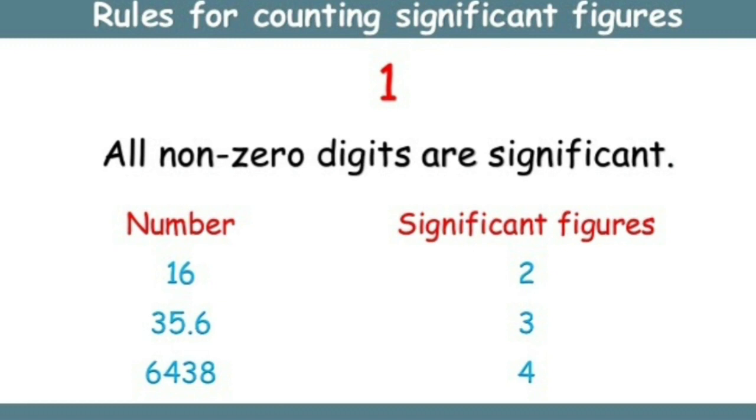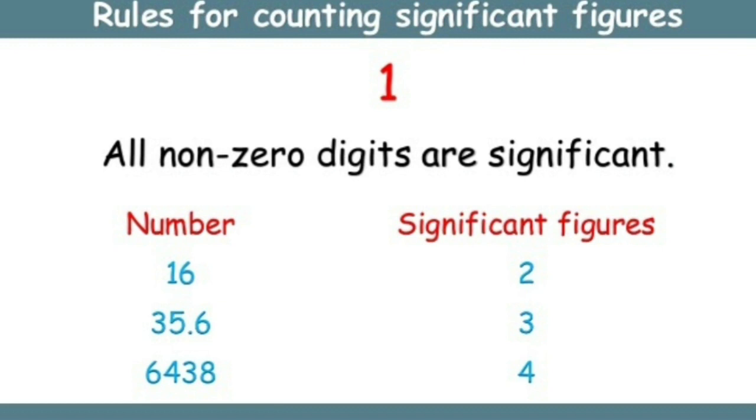But in these discussions, for our ease, we have omitted the unit. We have simply taken numbers, but remember, significant figures are applicable for measurements. So, first one, all non-zero digits are significant.